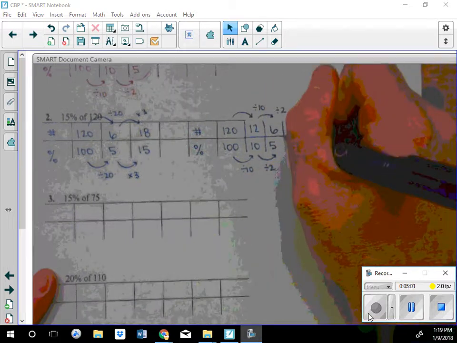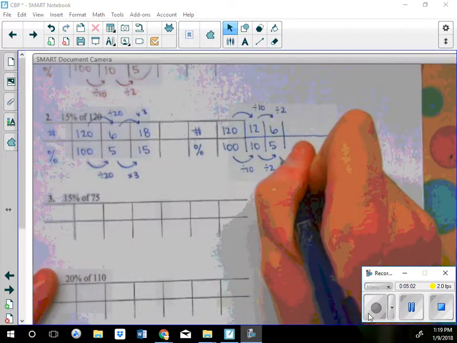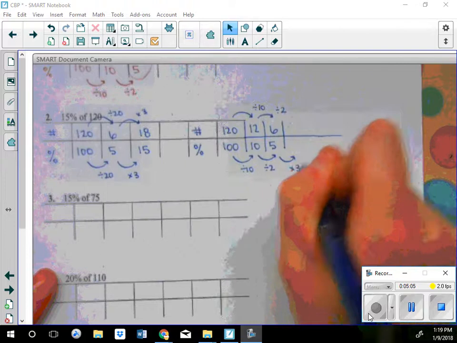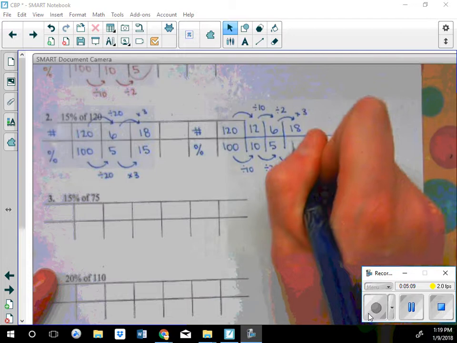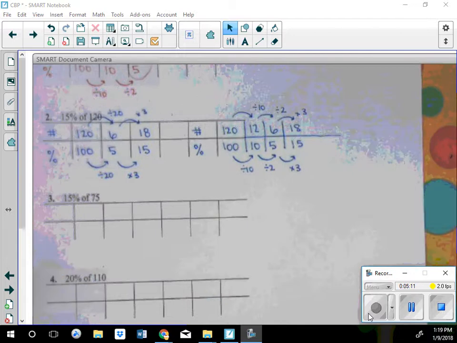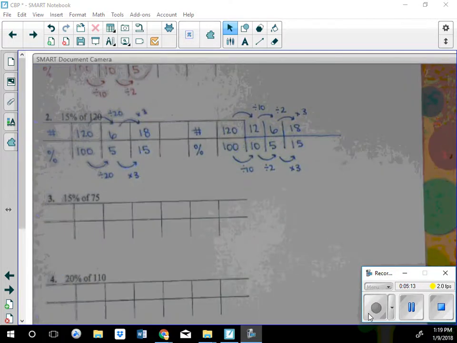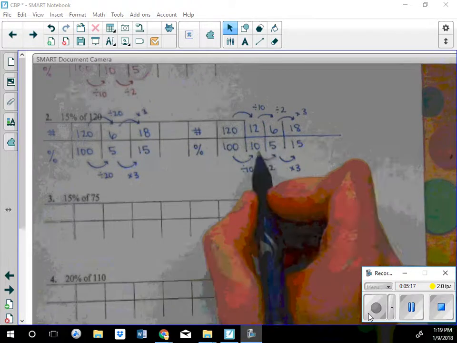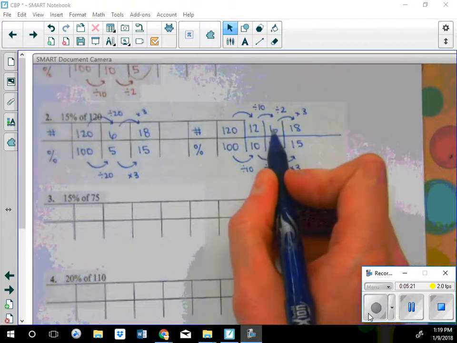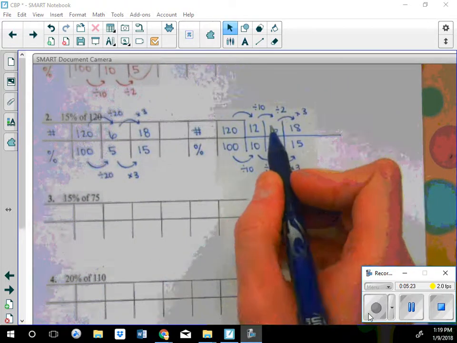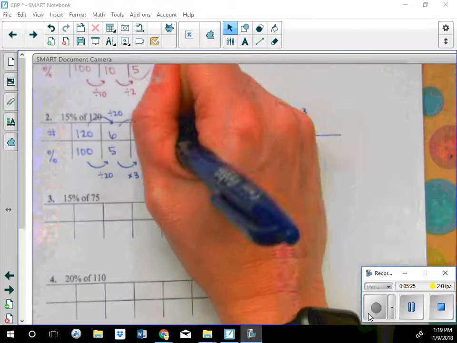And then we could multiply by 3. Yeah, we get the same answer we got before. Add these two columns together. Would you still get 18? You definitely can. Yeah. Let's circle that answer.